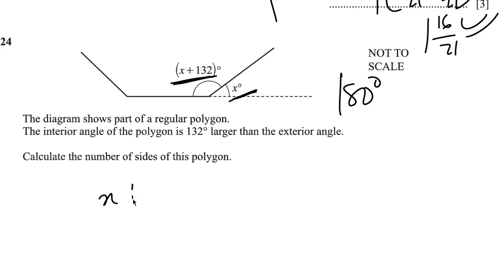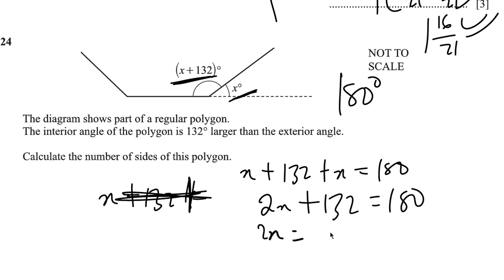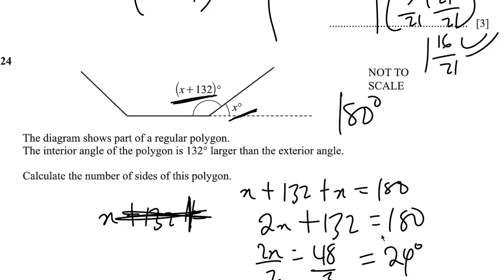So x plus 132 plus x is equal to 180. x plus x is 2x, so 2x plus 132 equals 180. Then 2x is equal to 180 minus 132, which is 48. If we divide through by 2, 48 divided by 2 is 24, right?